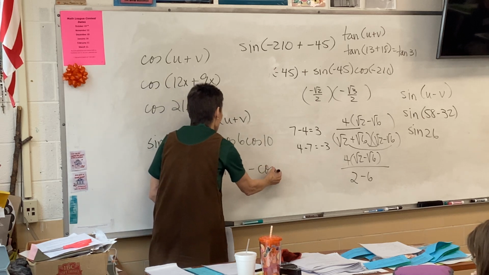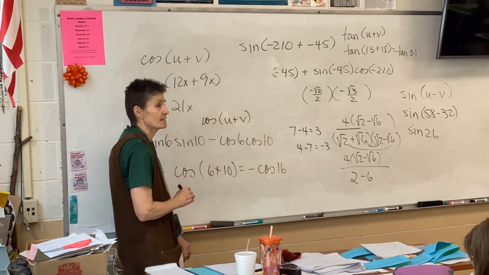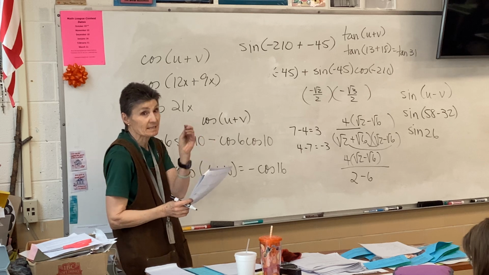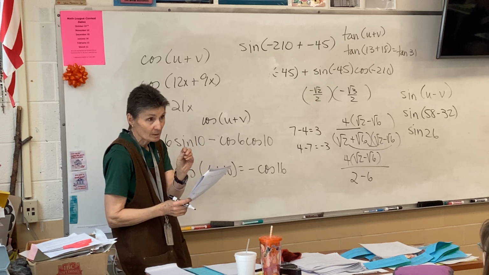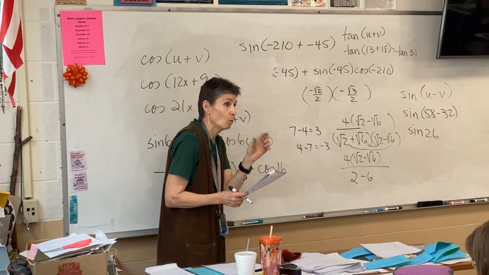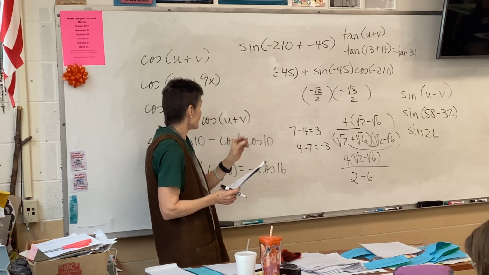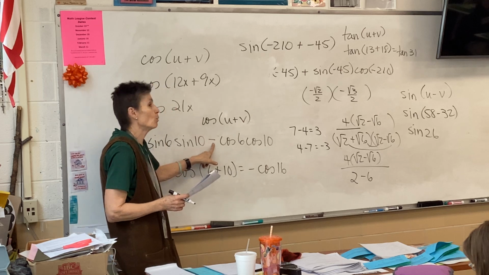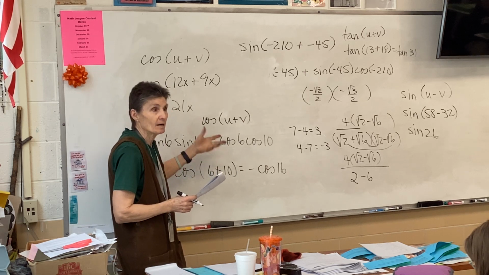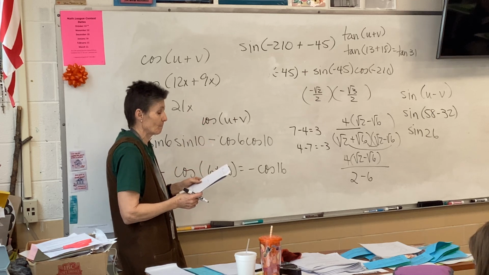So this is negative cosine 16. Does everybody understand where the 16 came from? And it's negative because the problem is in the wrong order. Now, if this had been a plus, it wouldn't have mattered. But since it's a minus, I'm subtracting in the wrong order.